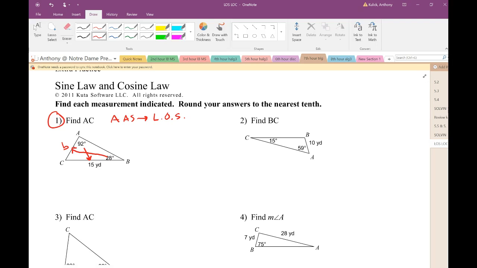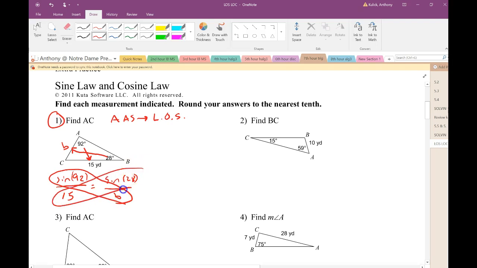Okay. So what I can say is that sine 92 over 15 is equal to sine 28 over B. Everybody okay there? I will then cross multiply, and I get B sine 92 is equal to 15 sine 28.